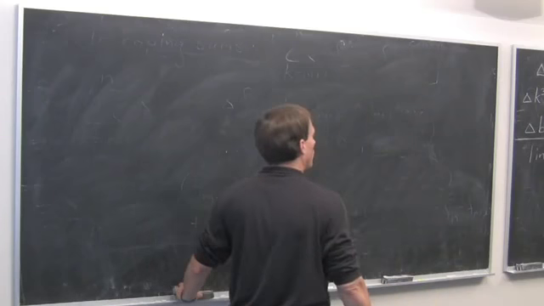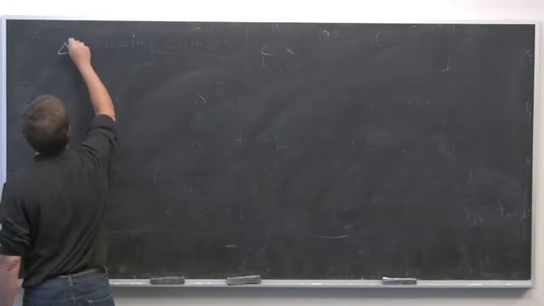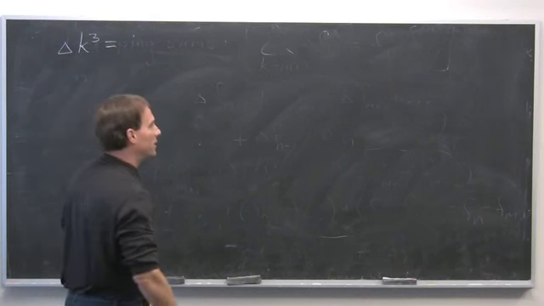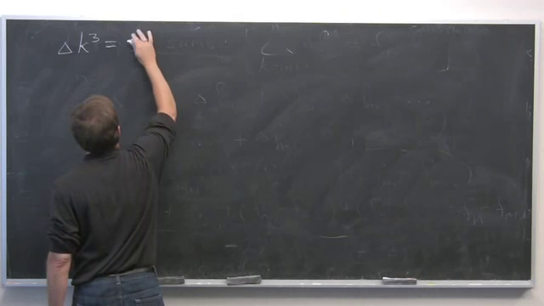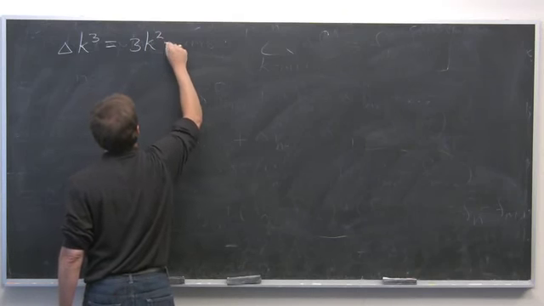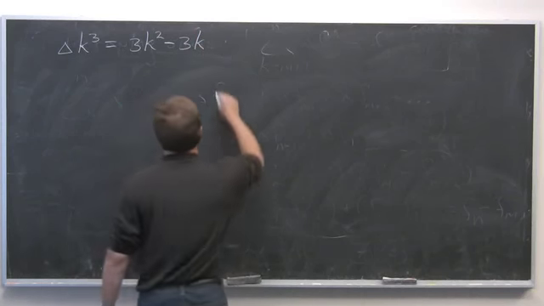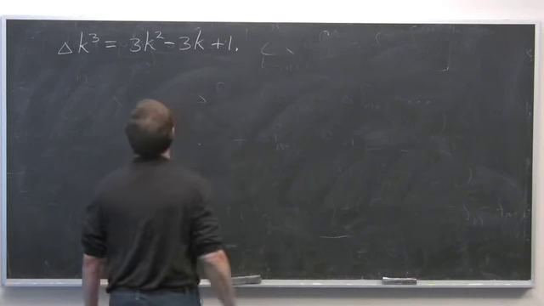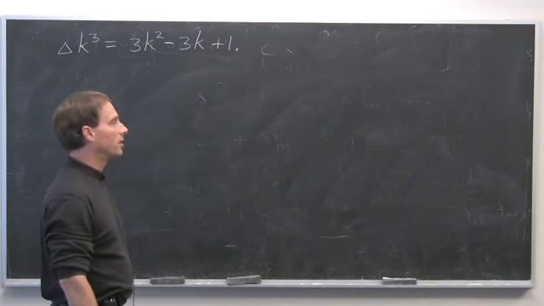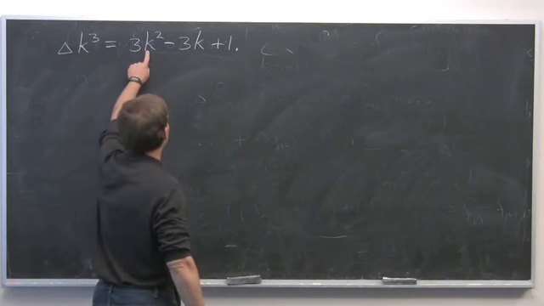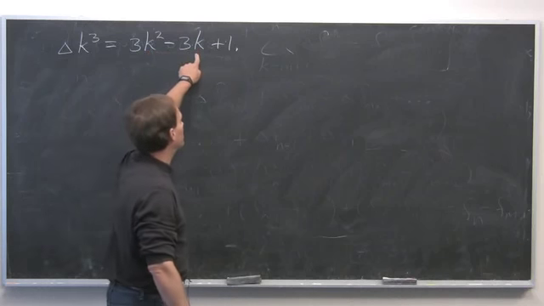We have delta of k cubed, and we know that that is 3k squared minus 3k plus 1. Right? Delta of k cubed is 3k squared minus 3k plus 1. We'd like to solve for k squared, but we'd like for everything else to be a delta.